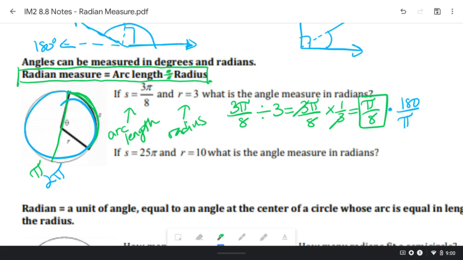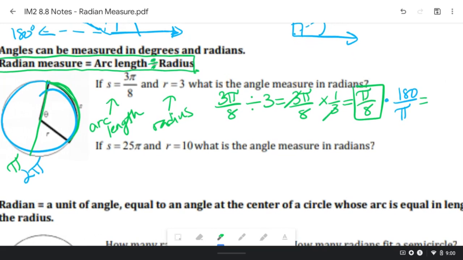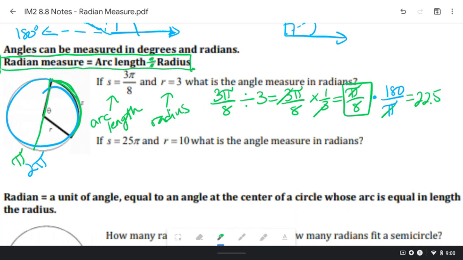So you're essentially just multiplying that by 1. And so if you want to know how many degrees that is, the pis cancel out. And then 180 divided by 8 is 22.5 degrees. I'm just going to leave that off to the side. I'm just showing you how to convert from radians to degrees because you'll do that a lot.